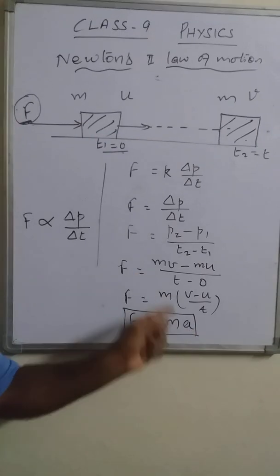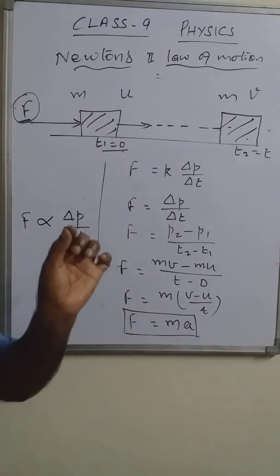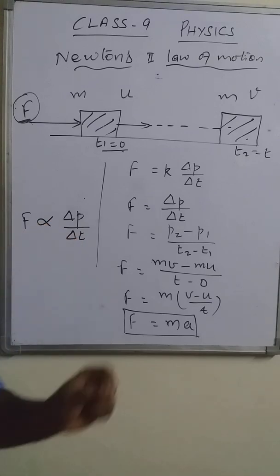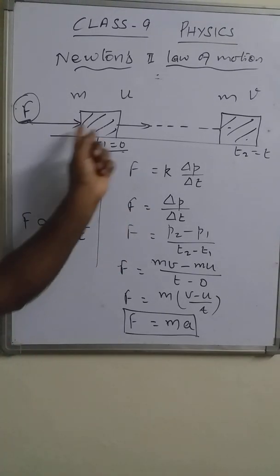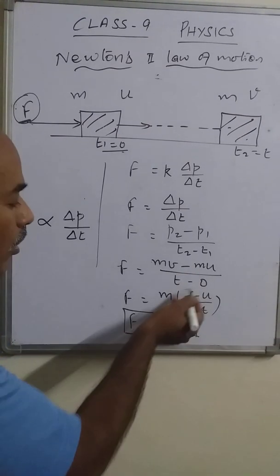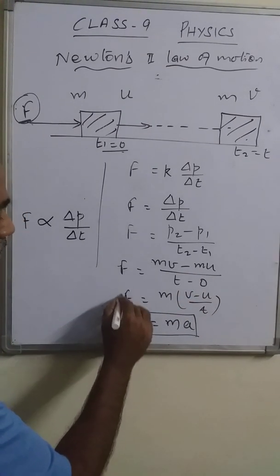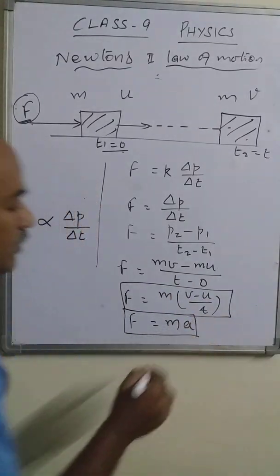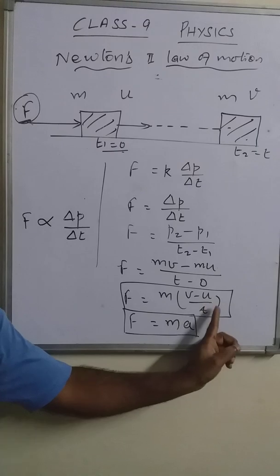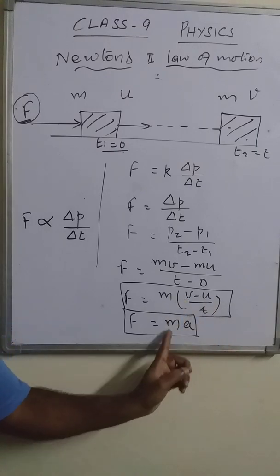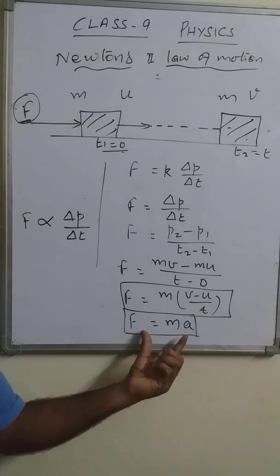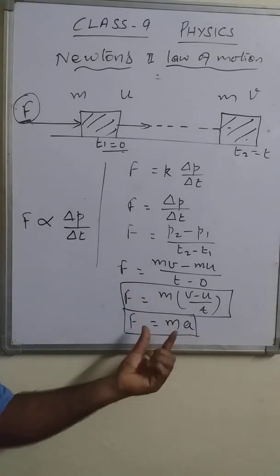So in Newton's second law of motion, we are able to measure the magnitude of force required to move the object, to change the state of the object, by F equal to m into a. This relation can also be used: F equal to m into (v minus u) upon t. Both relations are the same. So this is the final.